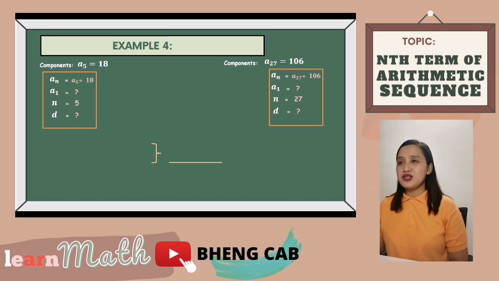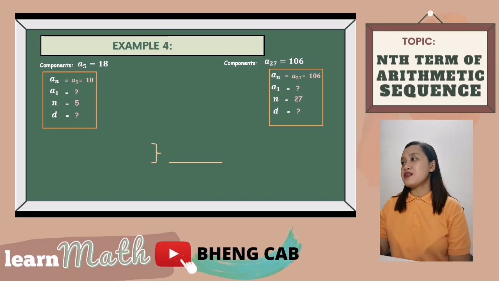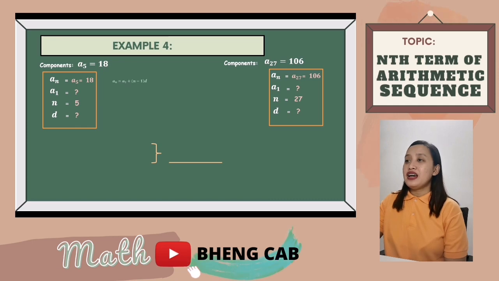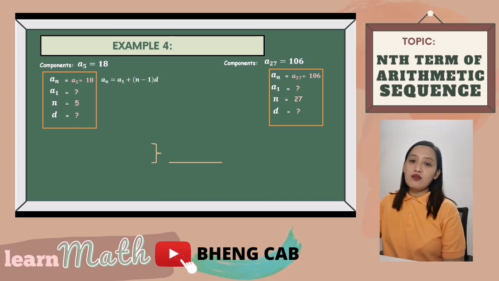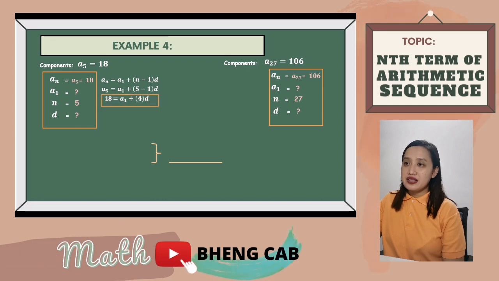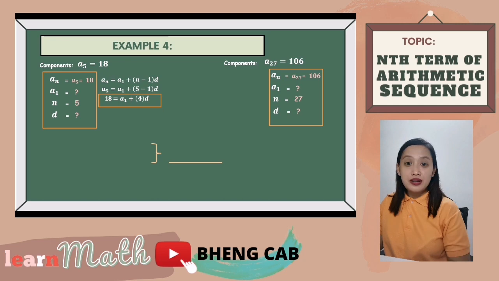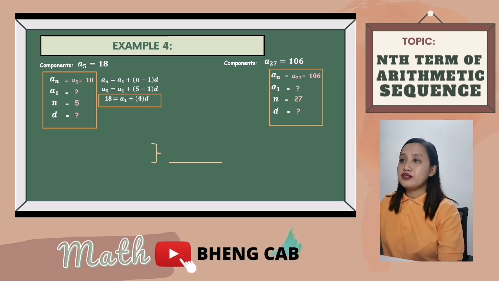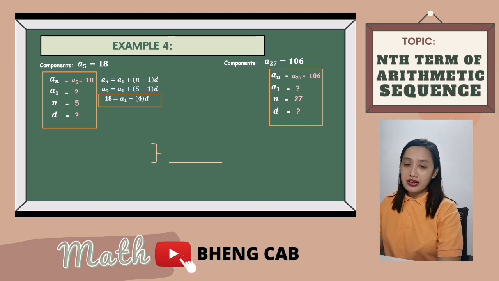Yes. Okay, so yung dulot na to, yung components na meron tayo, and if we try to plug in our arithmetic sequence formula, we'll come up with this. A sub 5 equals to a sub 1, walang value. So, as is, n is equal to 5, d, walang value. So, we retain d.